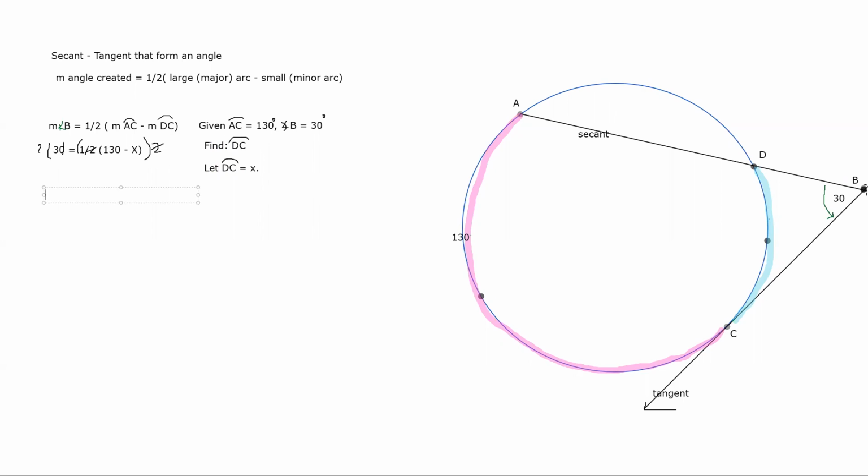So 2 times 30 is 60. So 60 equals 130 minus X. Subtract that 130 from both sides. That gives you negative 70 equals negative X. Divide both sides by negative 1.